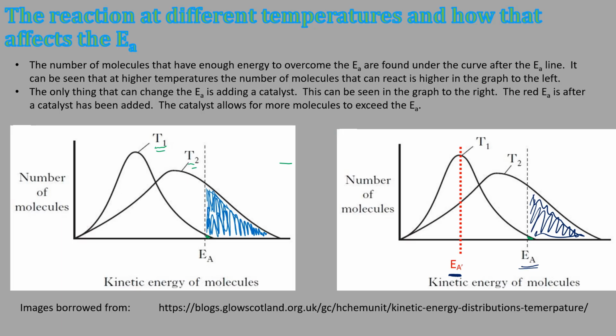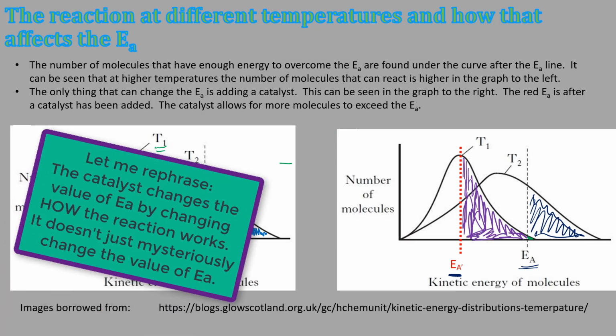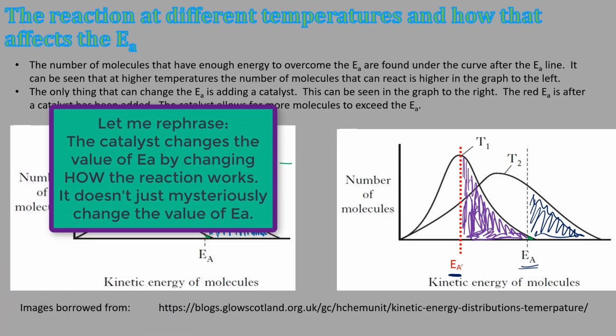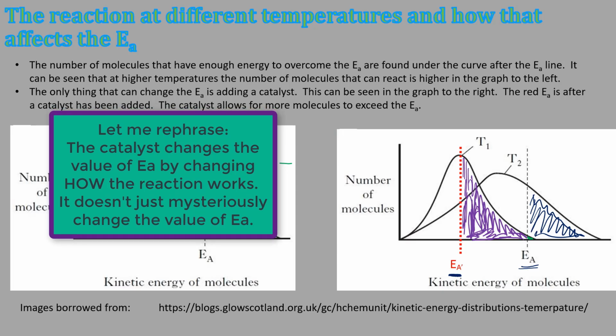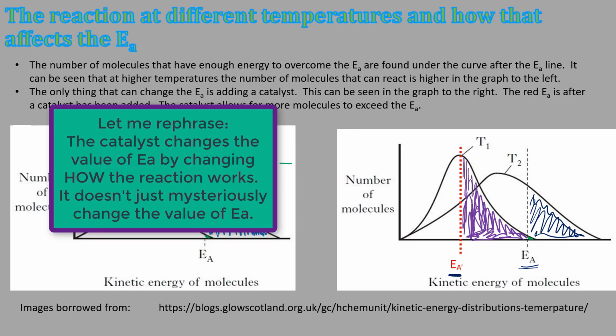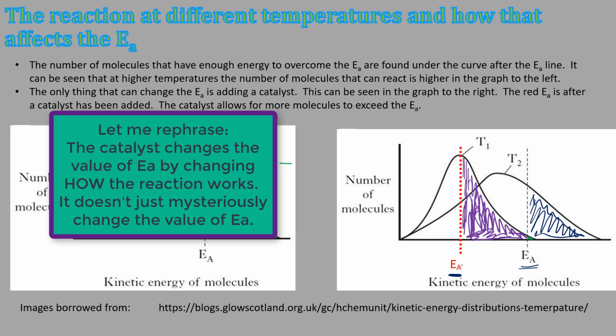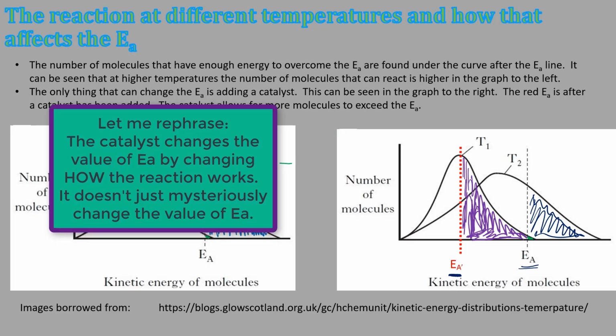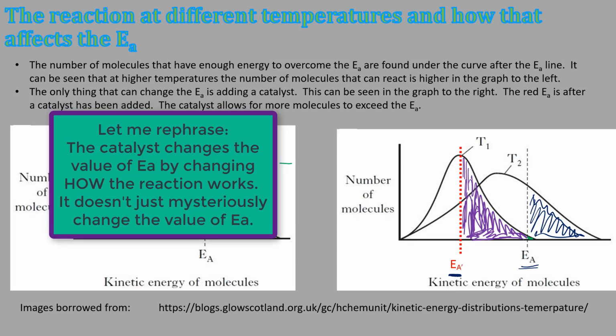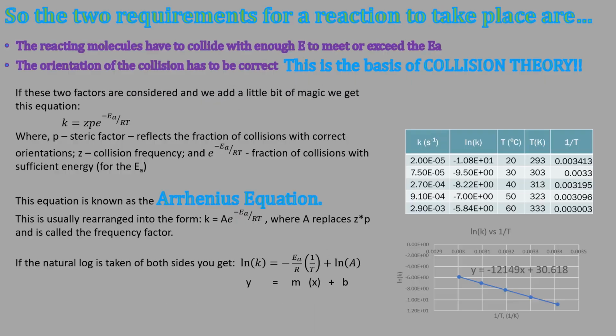But when we add a catalyst, we have much more. Now, of course, that's going to affect the other one too. It doesn't change the energy of activation, doesn't change the numerical amount. What it does is it changes how the reaction occurs and allows it to occur with a lower energy of activation, meaning that there's more chances for the reaction to occur in those collisions.